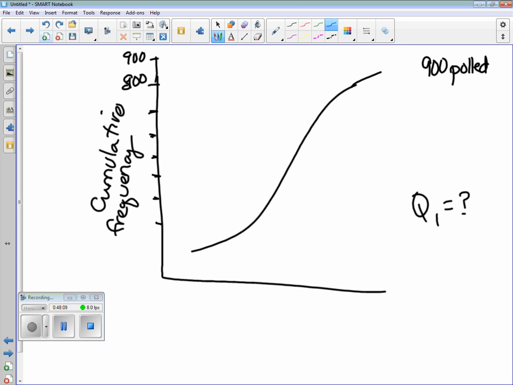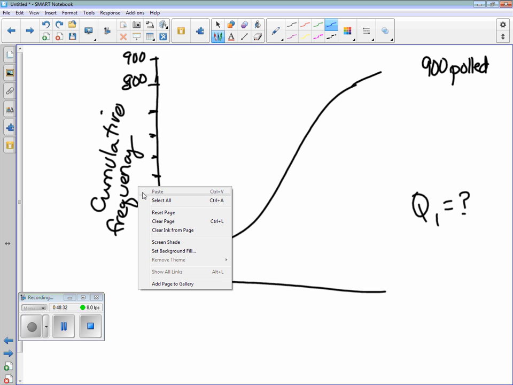But I don't have percentages, so what would I have to do first? Find 25% of 900, which is what you just did. So 25% of 900 is 225, so we would go here at 225.